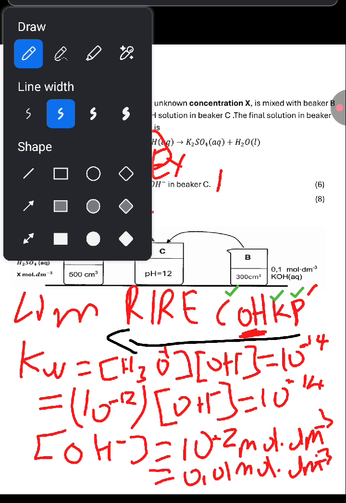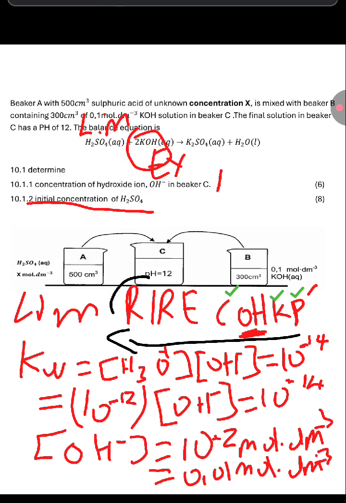Then after that, I come to this information, try to find the information until I get to the limiting reagent itself, which is our sulfuric acid. Right. So let's get into it and see.